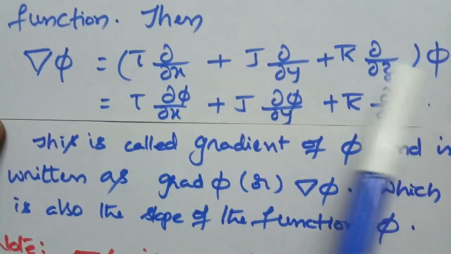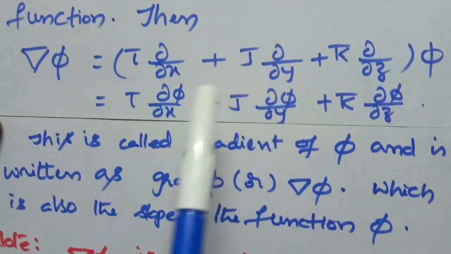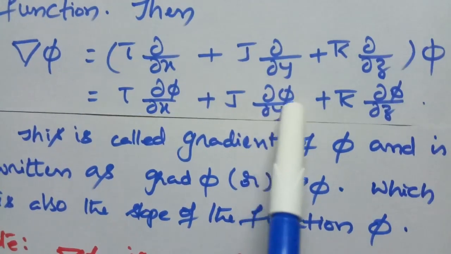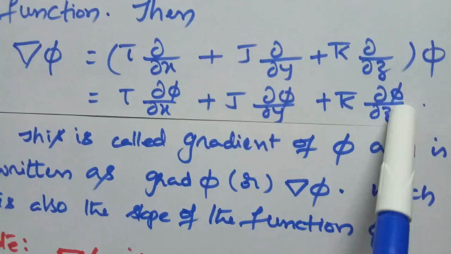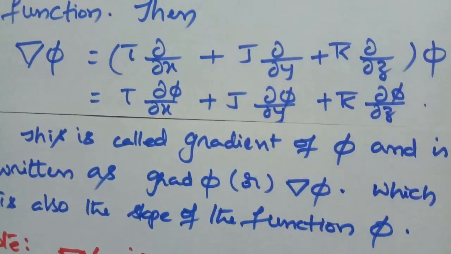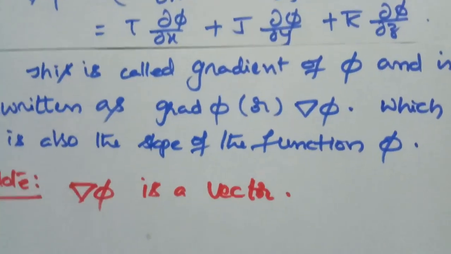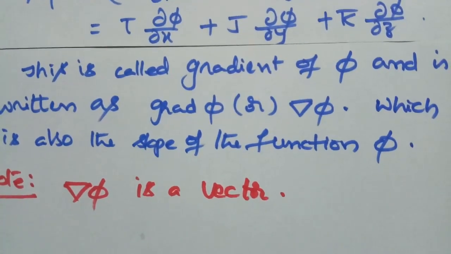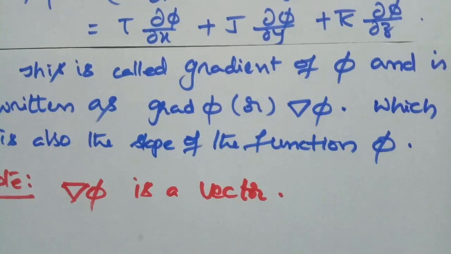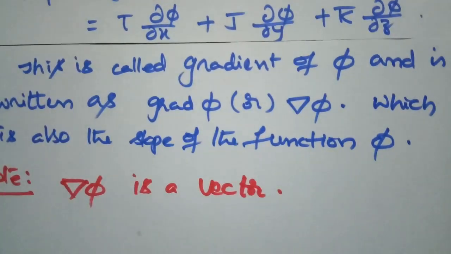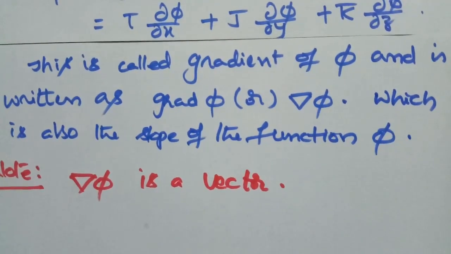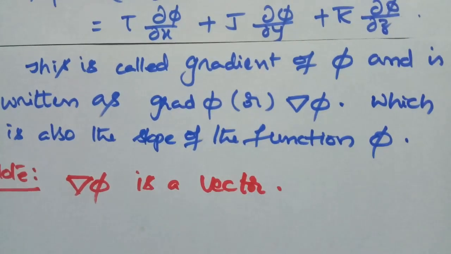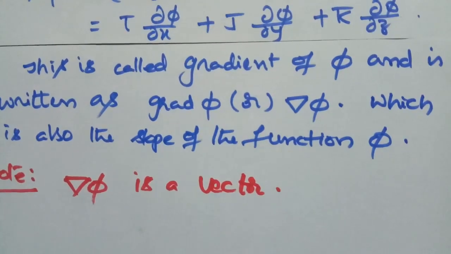So we are applying i bar into dou by dou x of phi, j bar into dou by dou y of phi, k bar into dou by dou z of phi. This is called the gradient of the scalar point function phi and is written as grad phi or del phi, which also gives the slope of the function. You know that dy by dx is the slope of the function in the ordinary derivative. Here del phi is the slope of the function.